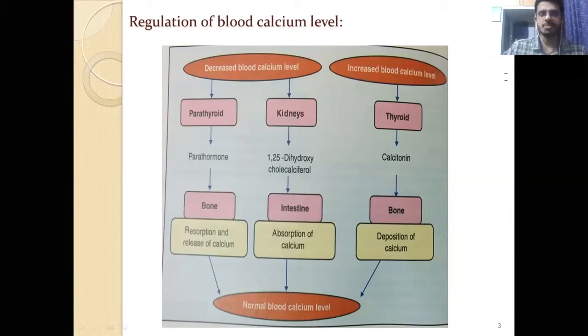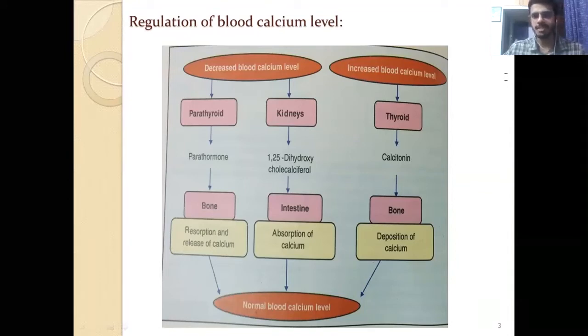Which are the cells which absorb substances in the small intestine? What are those projections on the surface of the intestine called? Villi. Very good. The peristaltic movement is brought about by which group of nerves in the intestine?